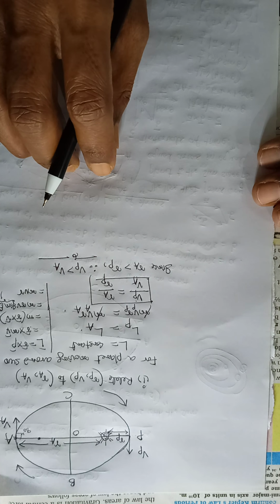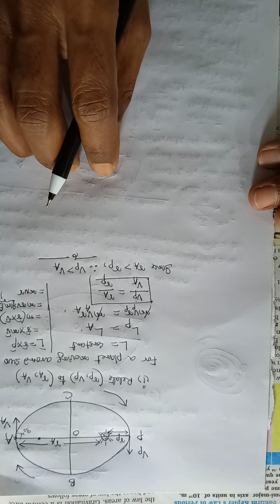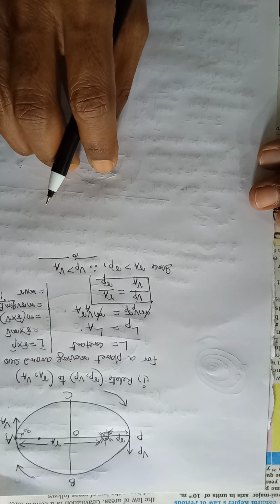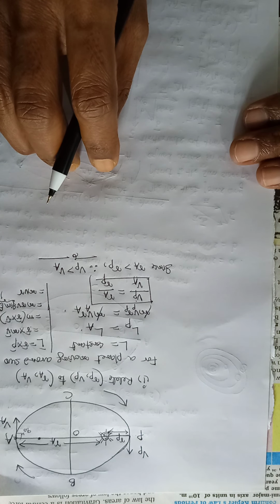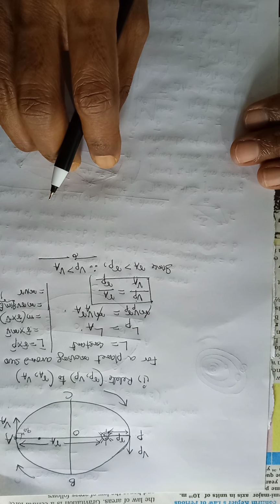So what this suggests is the planet is moving on an elliptical orbit, but it is not traveling with a constant speed. Its speed is changing.